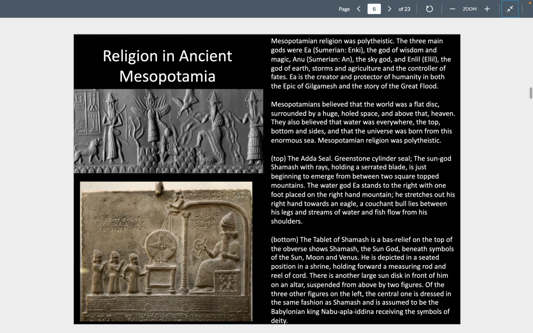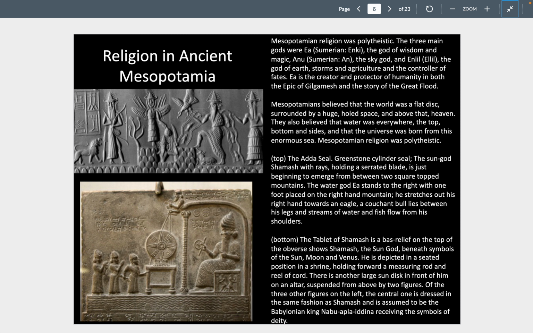Now, the type of religion going on is a polytheistic society, with multiple gods. We have the god of wisdom and magic, Anu, the sky god, and Enlil, the god of the earth and storms and agriculture and the controller of the fates, who is the creator and protector of humanity in both the Epic of Gilgamesh and the story of the Great Flood.